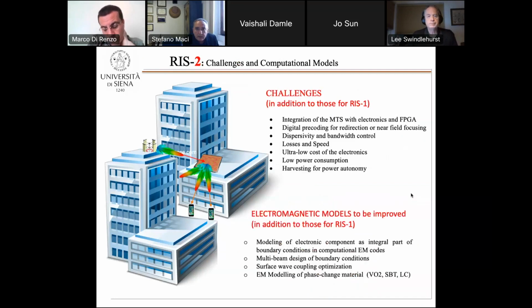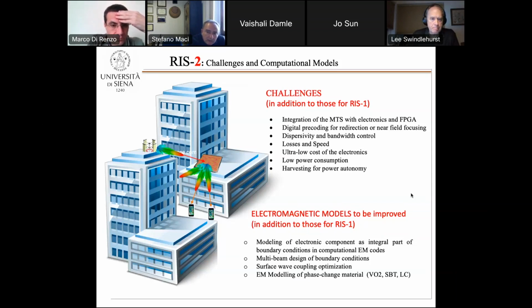In that case, there are several challenges that are additional with respect to those of RIS1: integration of the MTS with electronics and FPGA, digital precoding for redirection and near-field focusing, dispersivity, bandwidth control, losses, speed, ultra-low cost of the electronics, low power consumption, and harvesting. This harvesting is for power autonomy.